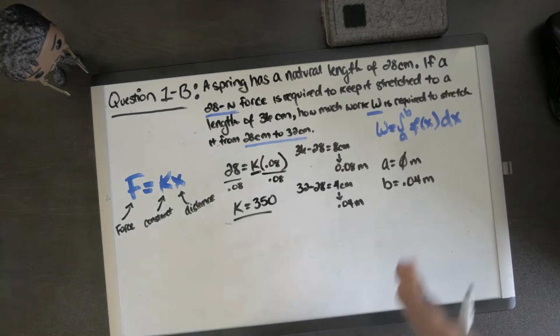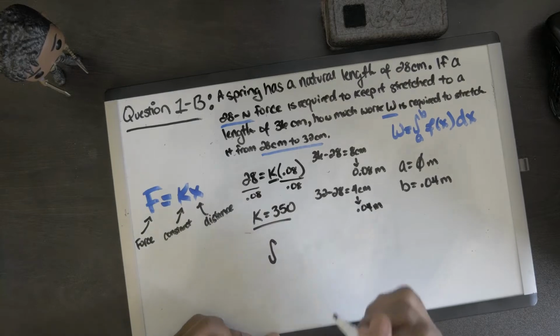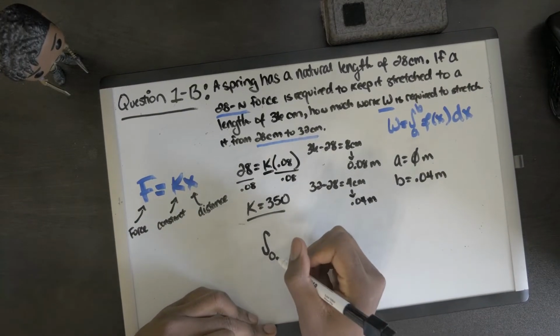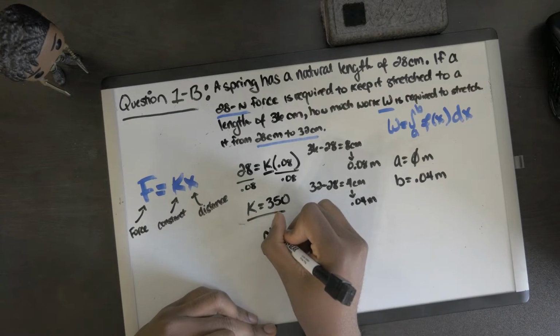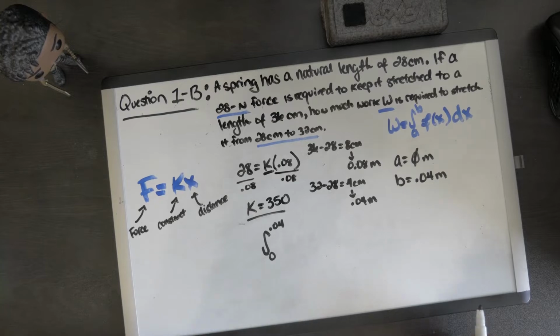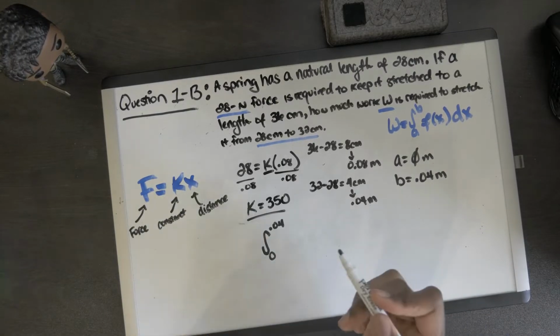So now we're going to go ahead and plug this back into our original integral, or our formula. So how do we do so? Well, follow me down here. We're going to write the integral. Again, we're going to plug in our A, which is 0, and then we're going to plug in our B, which is 0.04. But what is our function? Well, our function is actually going to be the kx that we had originally, right?